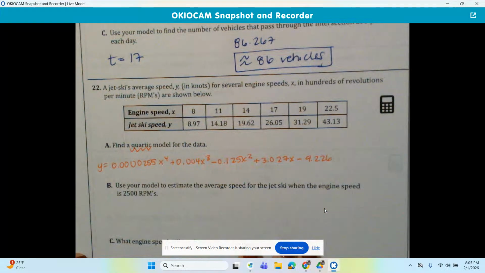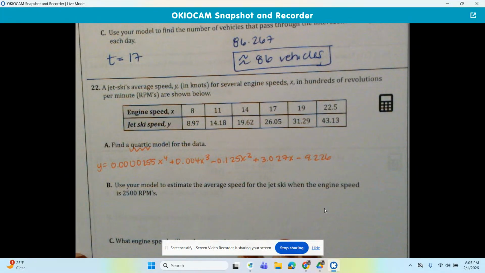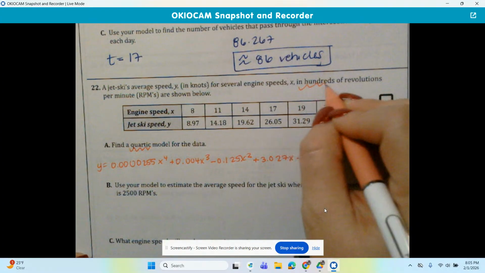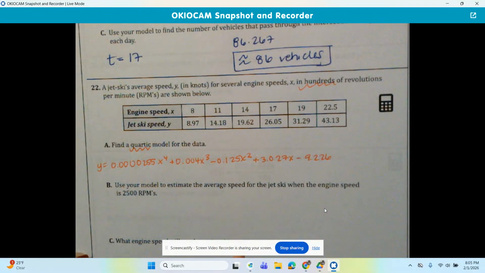Use your model to estimate the average speed of the jet ski when the engine speed is at 2,500 RPMs. Okay, but if you look back up here, the RPMs are already in hundreds. So that is going to be X equals 25. You would just literally go here.